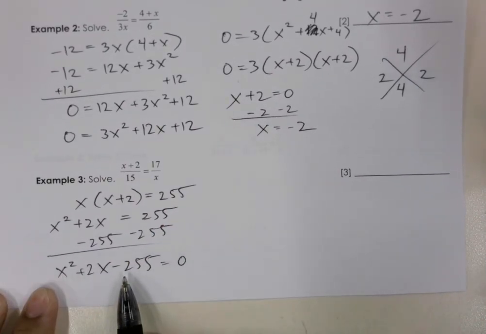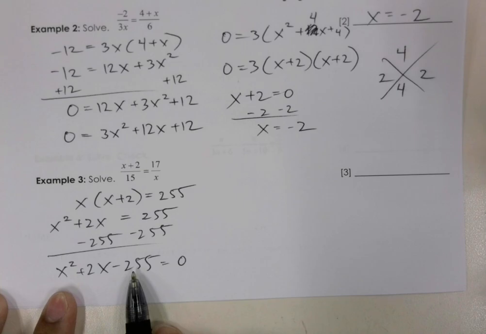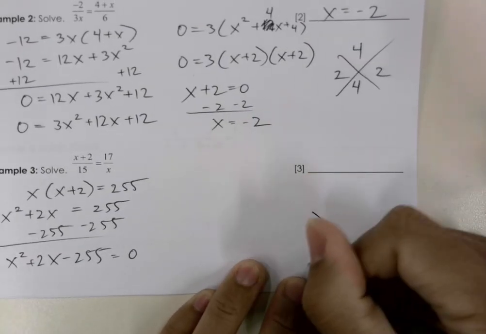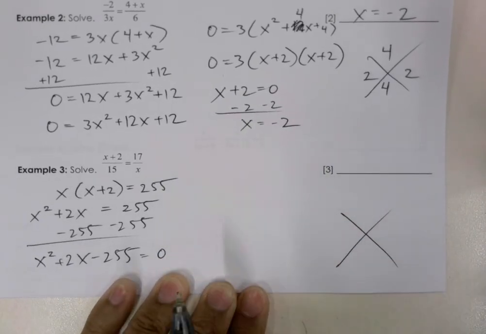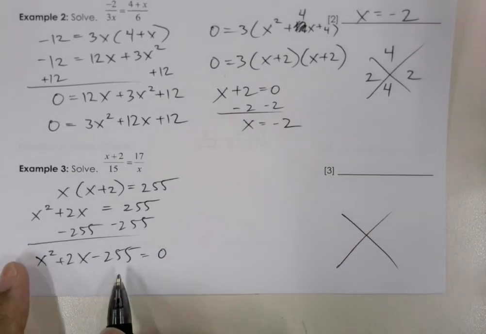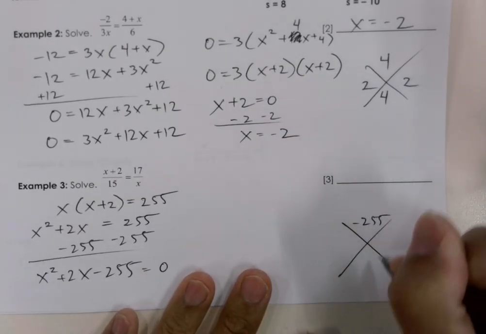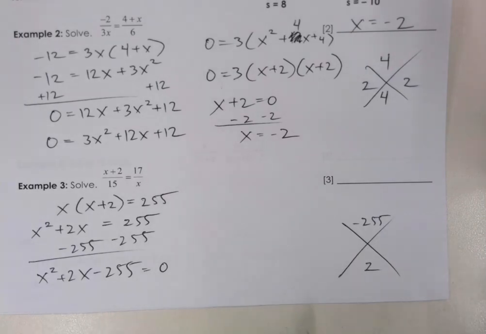All right, so we need two numbers that multiply to negative 255 but add to 2. So let's go ahead and put the x over here out of the way. And so a times c is going to be 1 times negative 255. So it's negative 255. And then b at the bottom, a 2.